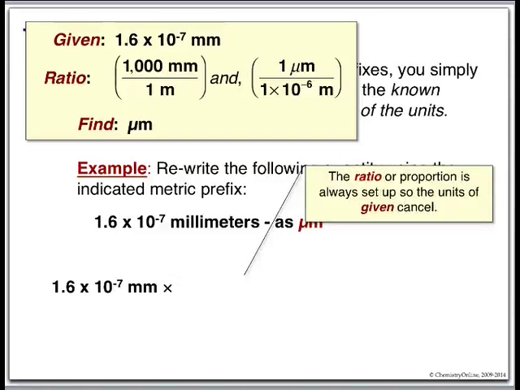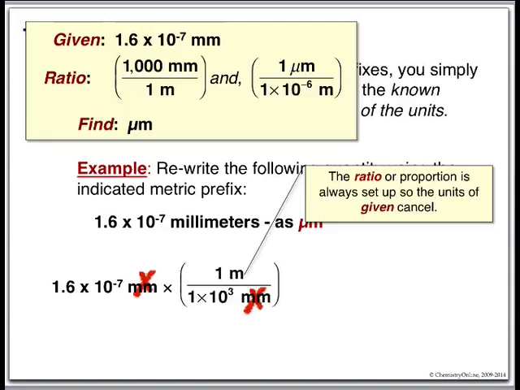Here I've written it in the numerator, but because it's 1, I can just flip it over. Now we're set up so that millimeters will cancel. There they go. And now this whole lump is our new given, and it has units of meters.